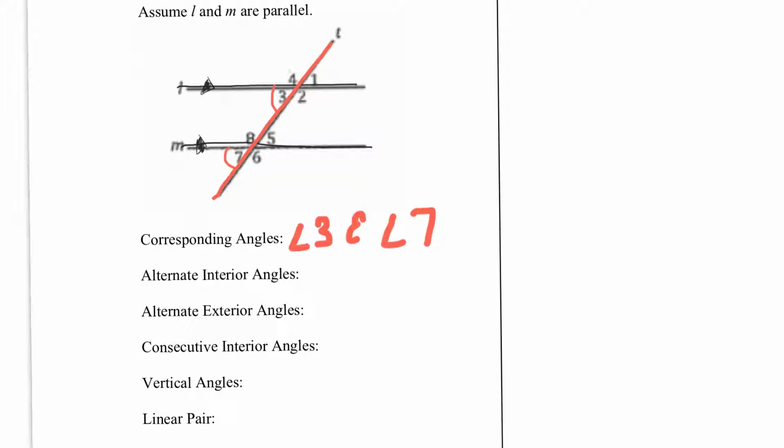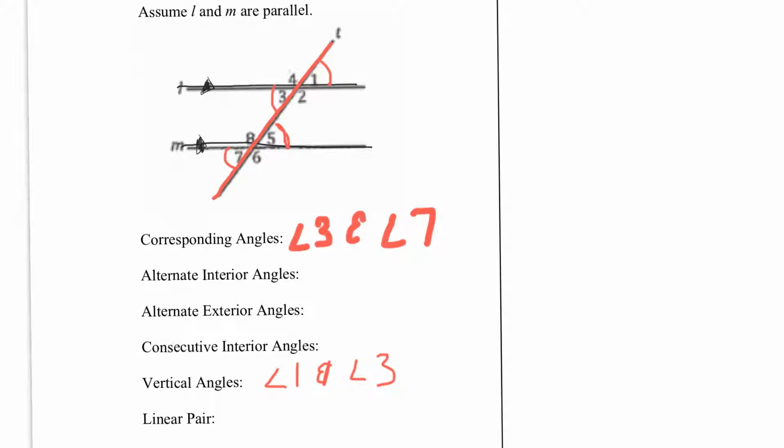So we could say that angles 1 and 3 are vertical angles. And as I mentioned, every time you have vertical angles, those are always congruent to each other. Which means that angles 5 and 7 are congruent as well, because they're vertical angles. Which also makes sense because angles 1 and 5 are corresponding, and corresponding angles are congruent when you have parallel lines.